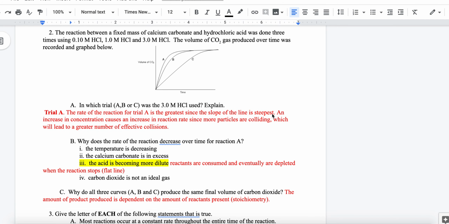Question 2 has us looking at a graph of volume of carbon dioxide over time, where 3 different trials were done using various concentrations of hydrochloric acid as they react with calcium carbonate. The gas being produced is carbon dioxide.